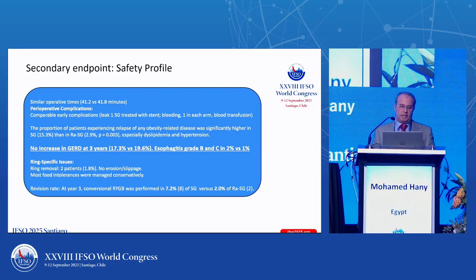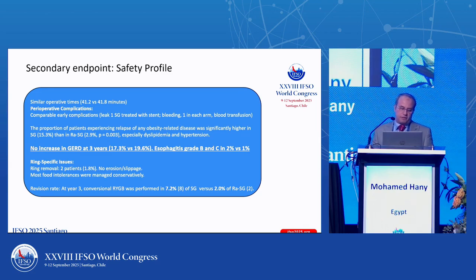At endoscopy at 3 years, we didn't find any increase in GERD between both cohorts, but it's slightly higher in the ring-augmented procedure. Esophagitis, most of it grade B and C, was seen in 2% versus 1% respectively. We removed the ring in 2 patients due to intolerance, with no erosion or slippage.